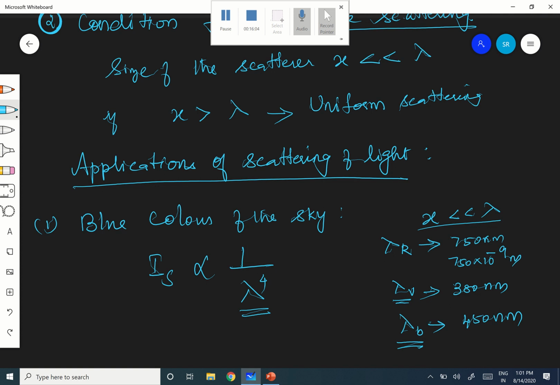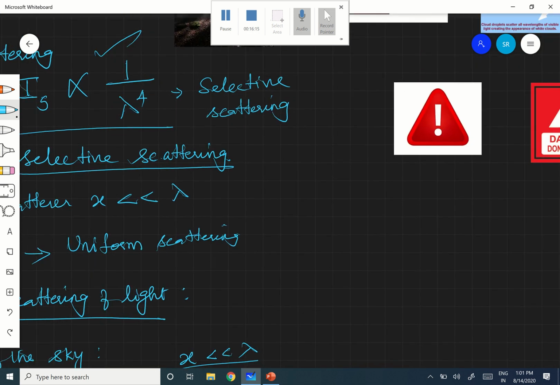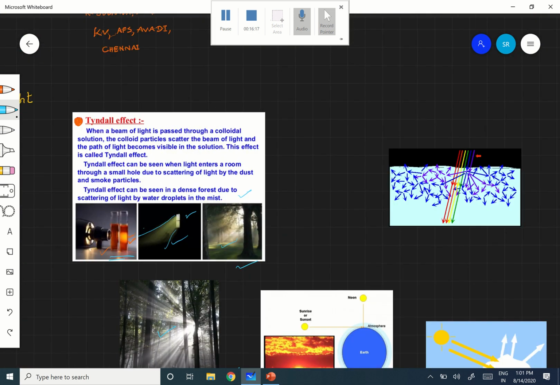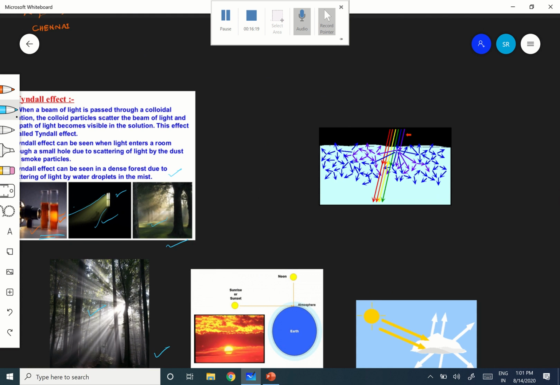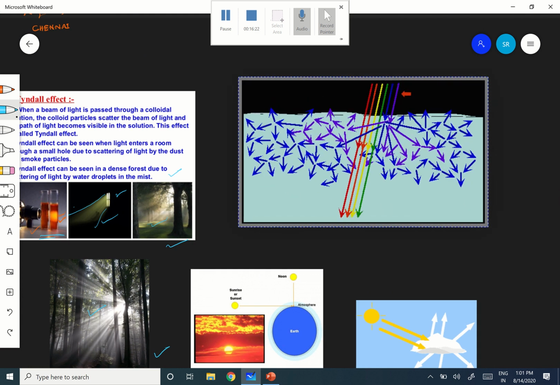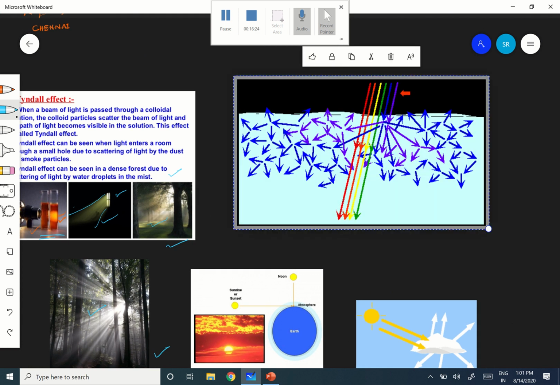But actually, violet has the lowest wavelength, yet the sky appears blue only. The reason, I will show you here. The light is coming from the sun. Sunlight has all the colors, white light, so red, yellow, green, everything is coming here. The last one, the lowest one, is violet.